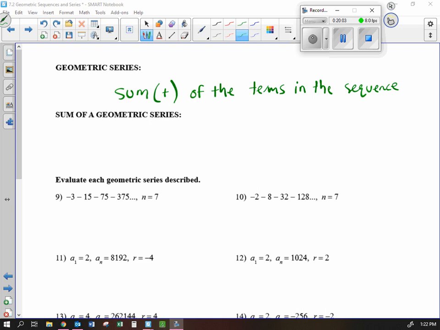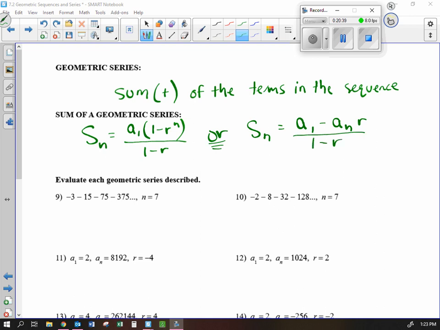Of course, there's a formula or formulas that come along with that, just like we saw with arithmetic. There are two options for geometric as well. Capital S sub n is going to equal a sub 1 times 1 minus r to the nth, over 1 minus r. Or we could use S sub n equals a1 minus an times r, over 1 minus r.